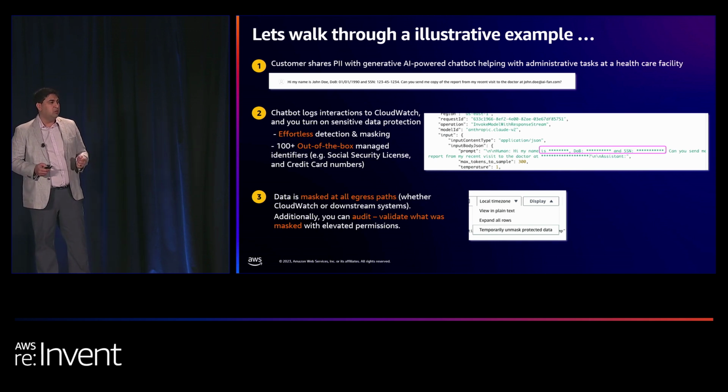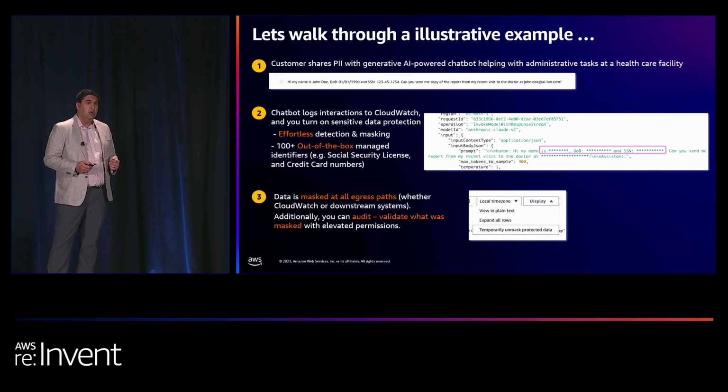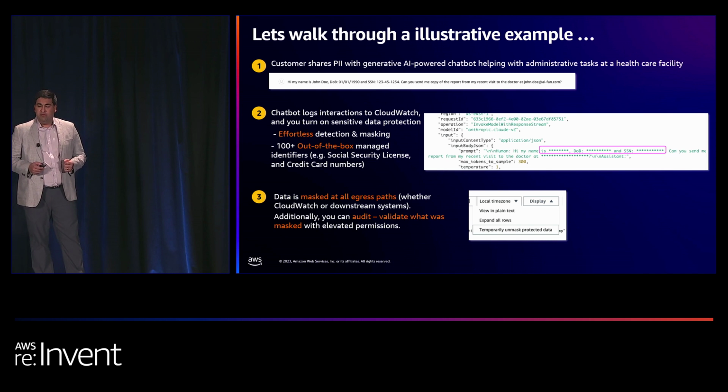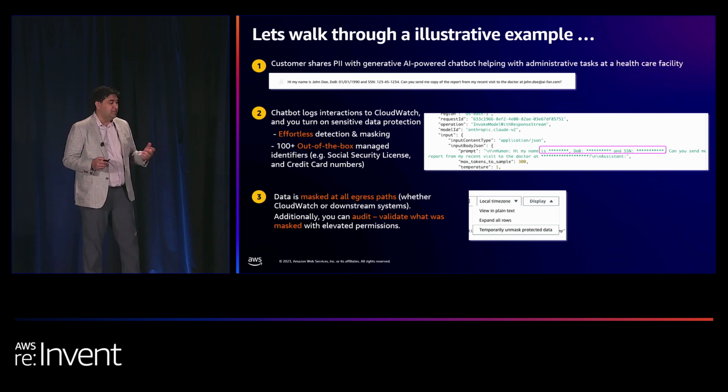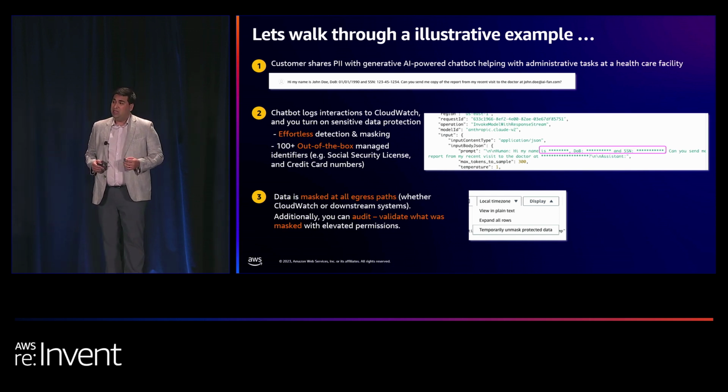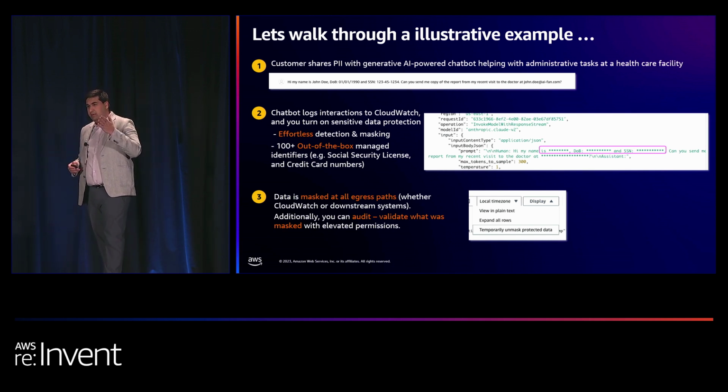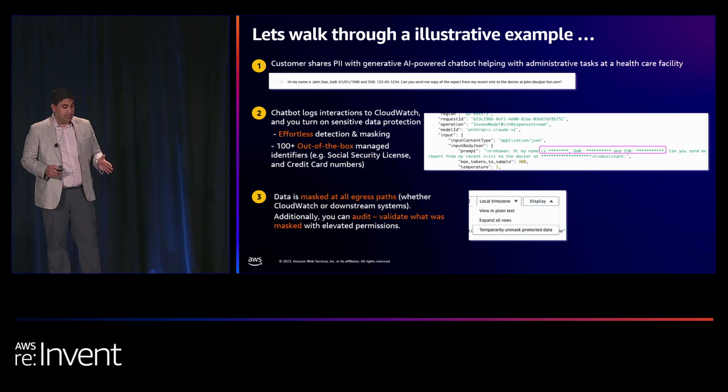If you've got CloudWatch Logs sensitive data protection enabled, you're able to effortlessly detect and mask this PII data for over 100 fully managed identifiers, including social security numbers, credit card numbers, dates of birth, and so on. PII is detected at ingest and masked at all egress paths.